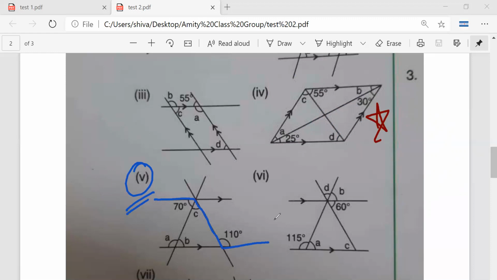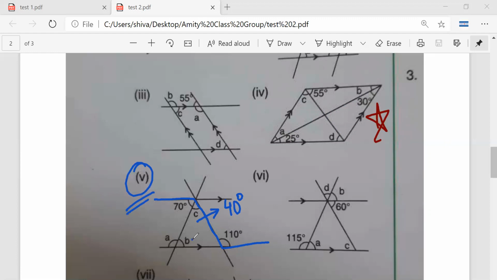Why is this 110? Oh yeah, so it's 110. So this should add up as 110. So 70. So it will be 55. Sorry, 40. Have you understood? Yes, sir. Angle C would be 40 degree. Have you understood? Yes, sir.